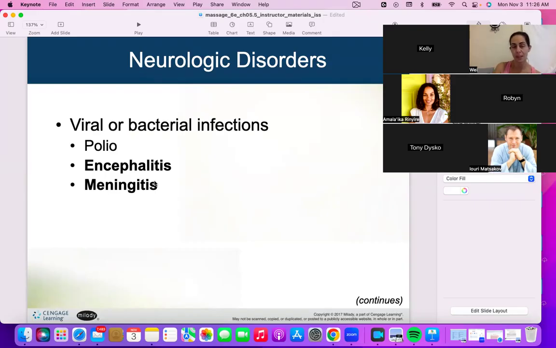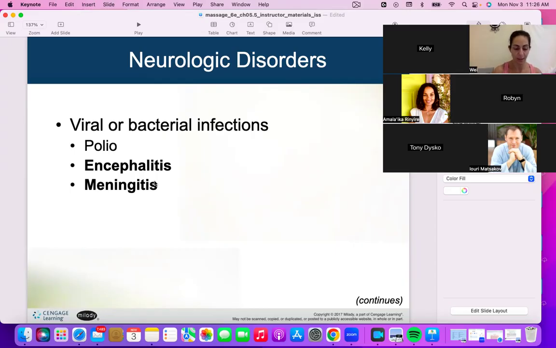The meninges is the protective covering of the brain and the spinal cord. So a virus can come in and affect that, and the response of the body will be inflammation. So inflammation of the brain is encephalitis, and infection of the membrane, the protective covering of the brain, the meninges, is meningitis.